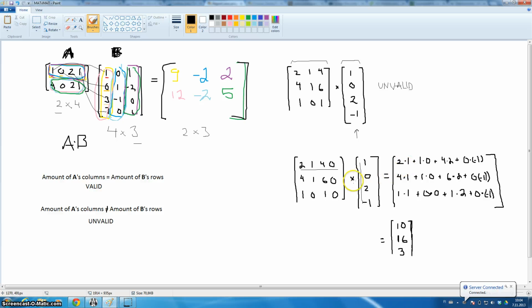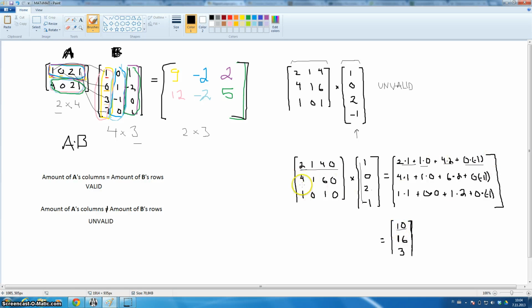So we can do the multiplication: we have 2 times 1 over here, and 1 times 0 over here, 4 times 3 over here, 0 times -1 over here, and the result is 10.